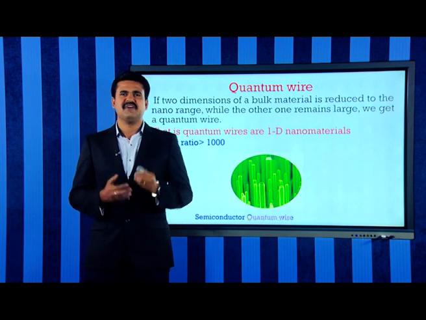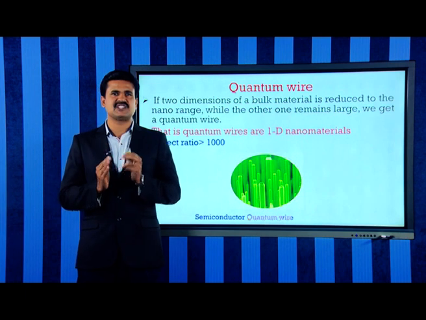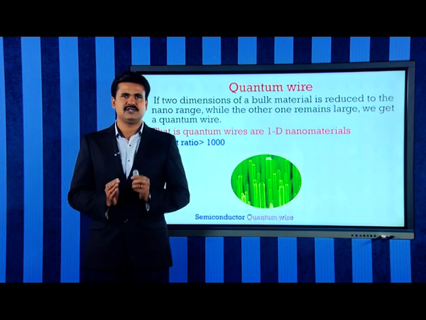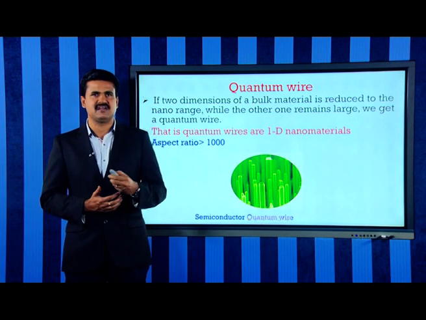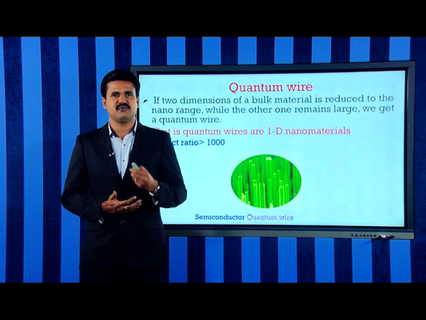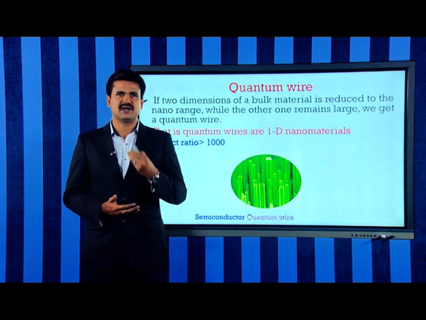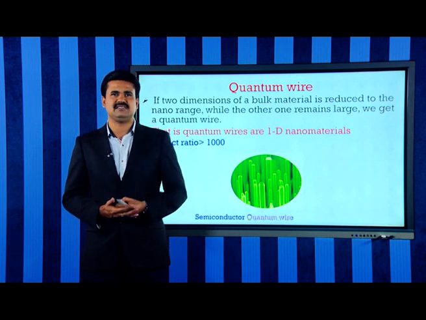That is, whenever we are reducing two dimensions of a bulk material to the nano range and keeping the other dimension in the bulk range, we will get a quantum wire. That is, quantum wire simply represents one-dimensional nanomaterial.